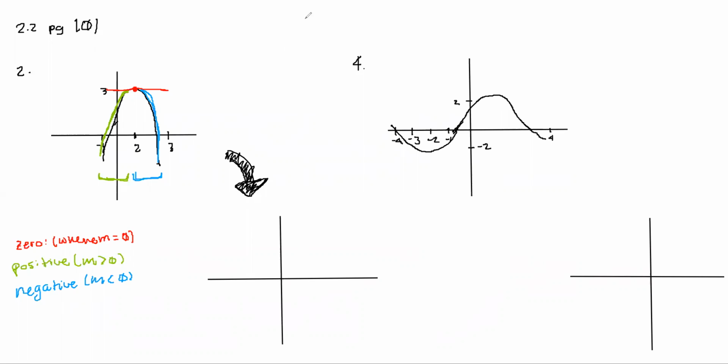So at x equal to 2, what is the slope of the tangent line of this original graph? 0. So this point is going to be 2, comma, the slope at x equal to 2 in the original, which in this case is (2, 0).